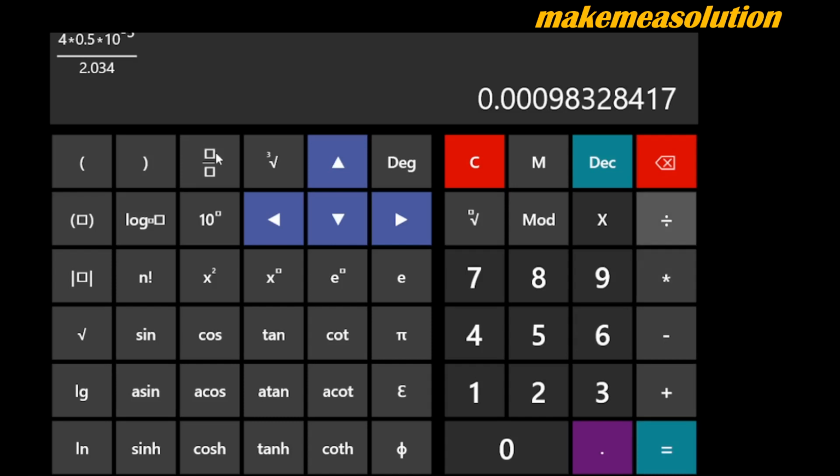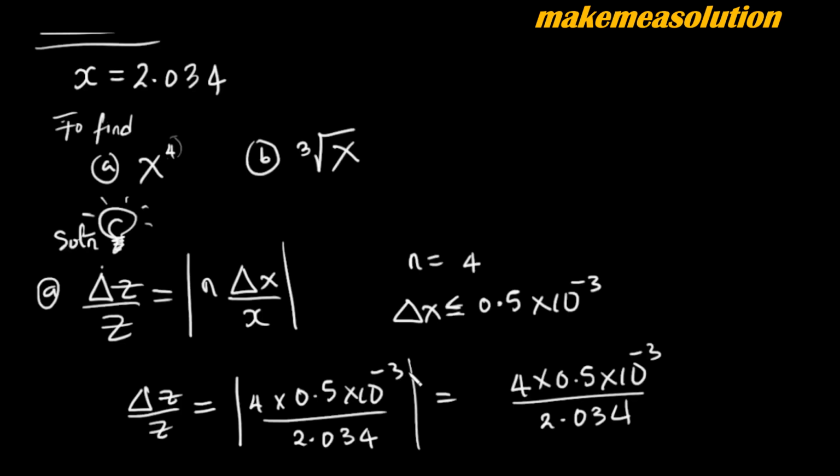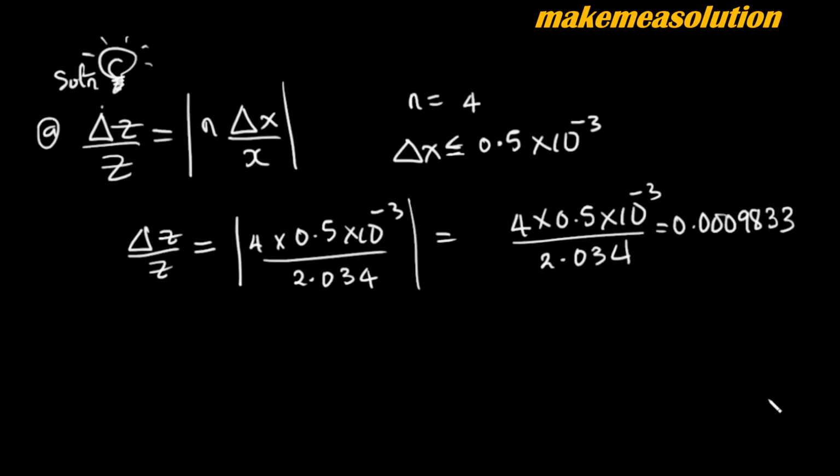So we have 0.000983 roughly. So this is the relative error.